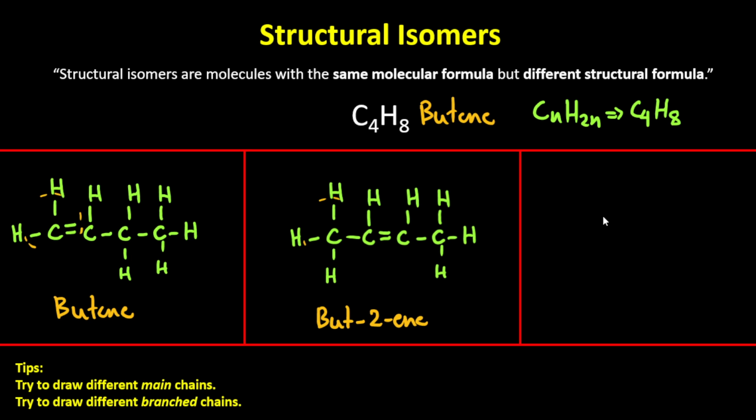Okay, so for the last one, what you can do is try to have a shorter chain. So let's try to have a shorter chain. 1, 2, 3. Have a double bond anywhere you want, and have a branch chain here. Okay, so this is still going to be 4 carbon, 1, 2, 3, 4.